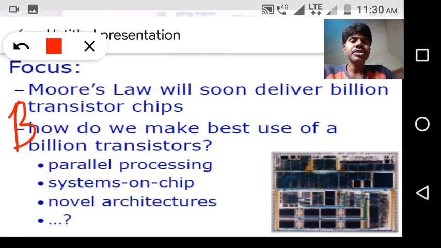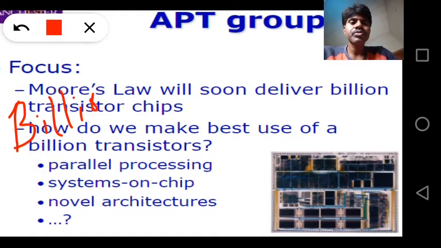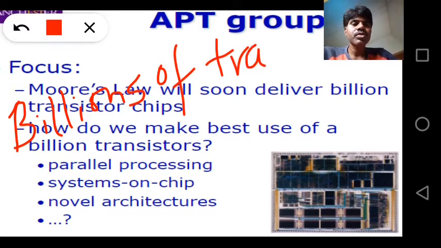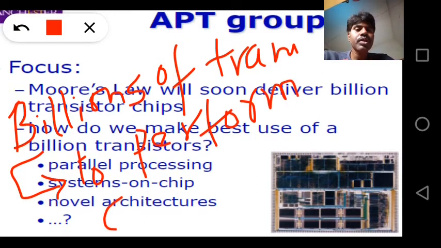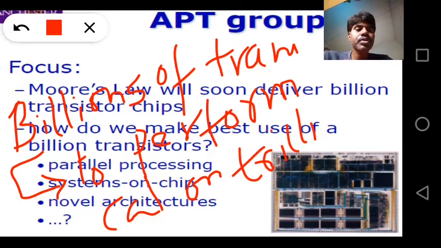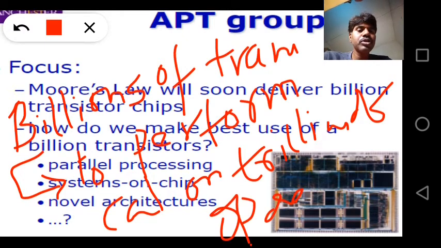Billions of transistors can be used to perform calculations, and trillions of operations can be performed.